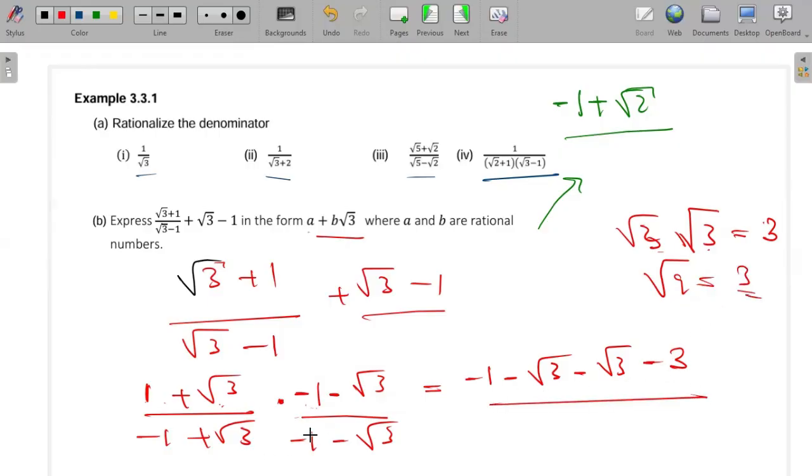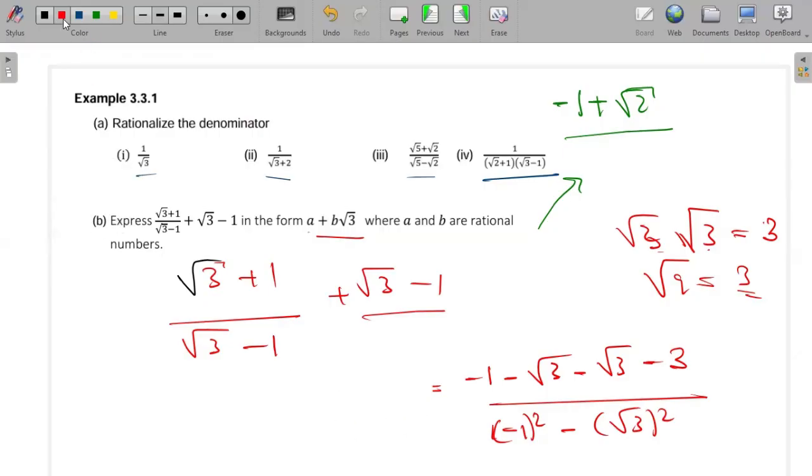Then down there, since it's a conjugate, you just get the negative 1, you square it, minus the root 3, squared like that. So in the numerator, this negative 1 and this negative 3, you can add, you have negative 4. Then negative root 3 and negative root 3 you can add also, you have negative 2 root 3.